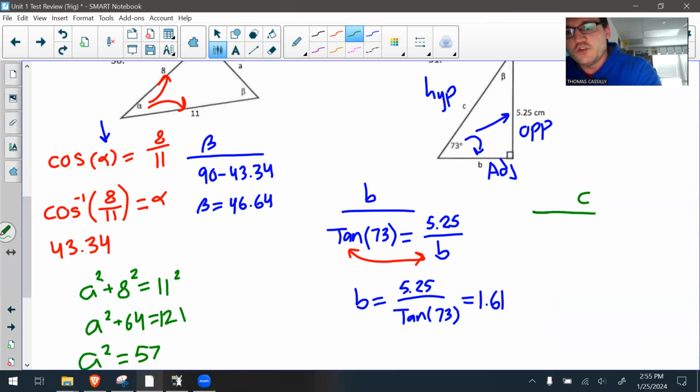Plus, I haven't really done much trig yet for a trig class. So let's see here. We have the opposite and we have the hypotenuse this time. Opposite and hypotenuse goes with the sine function.